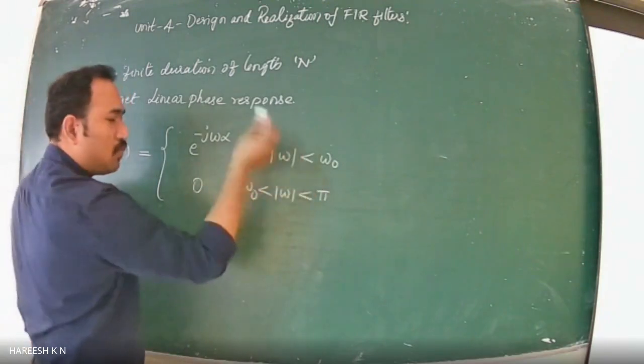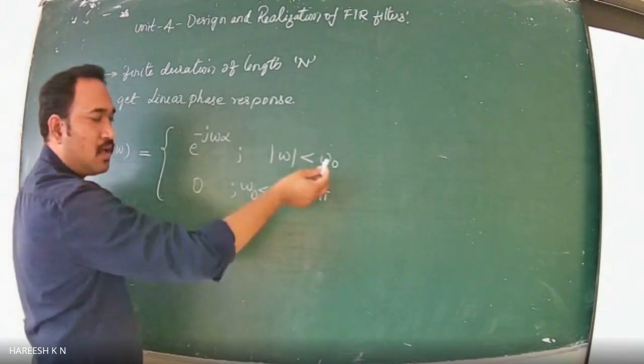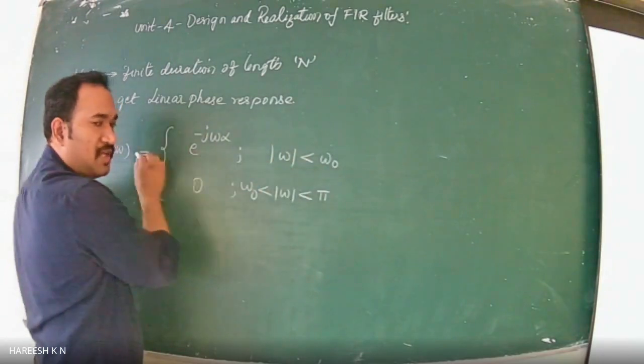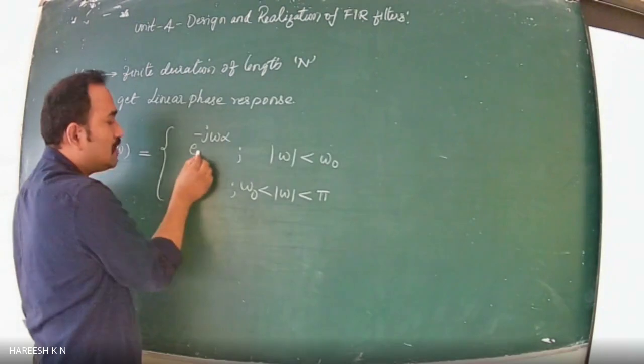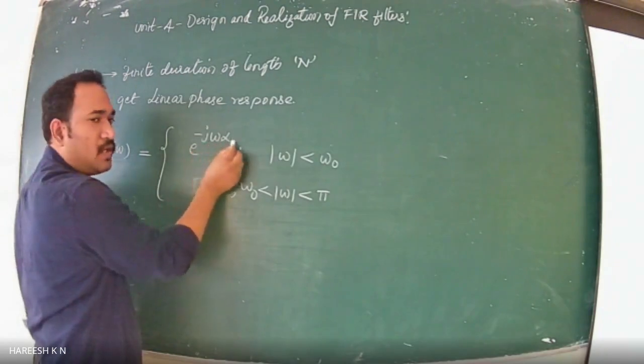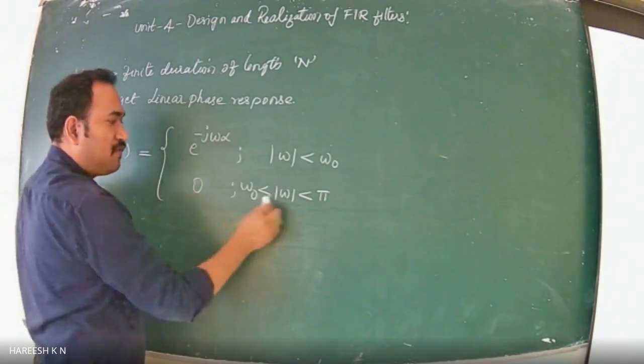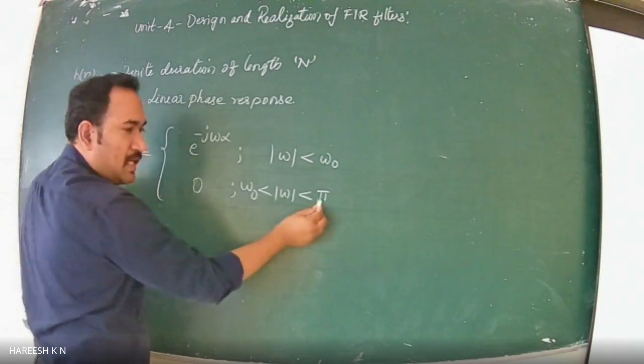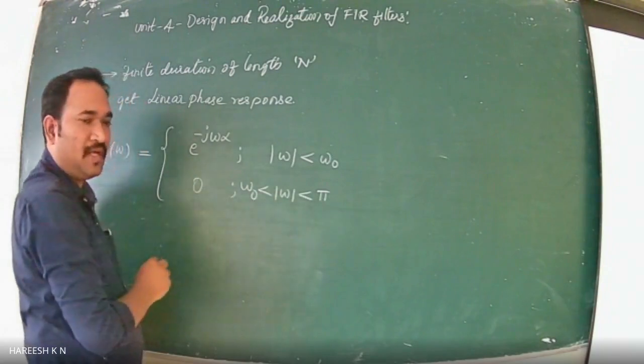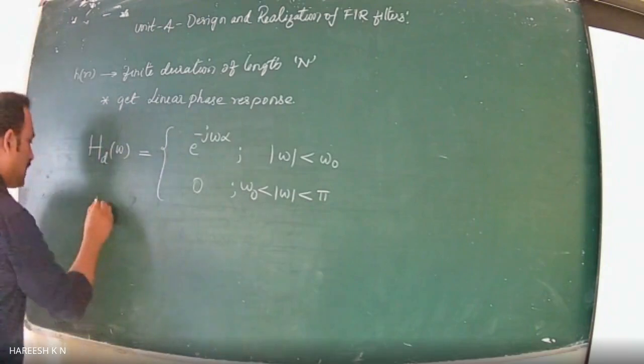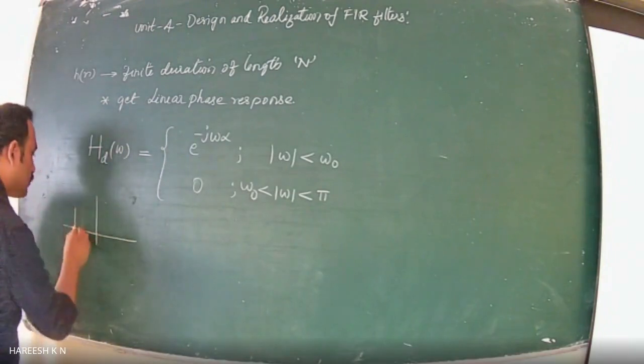Between minus omega naught and plus omega naught, the magnitude of the frequency response varies in terms of e to the power of minus j omega alpha, whereas from omega naught to pi its value will be 0. Ideally speaking, that can be written in this way.